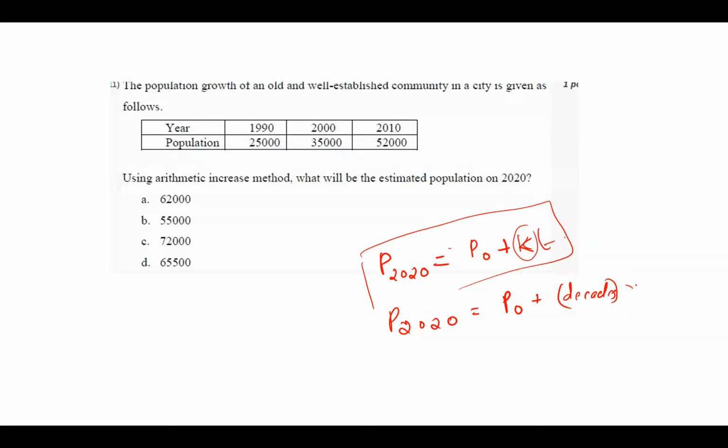T is in decades: if you take 2010 to 2020, take the number of years and convert it into decades. K is the mean value that you have to calculate from the difference in population.